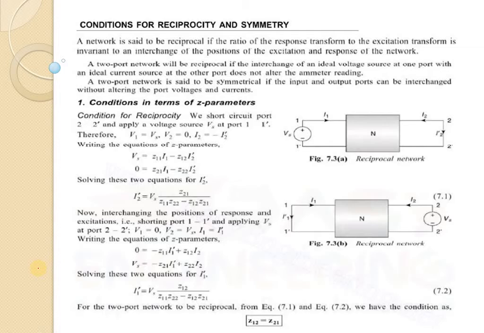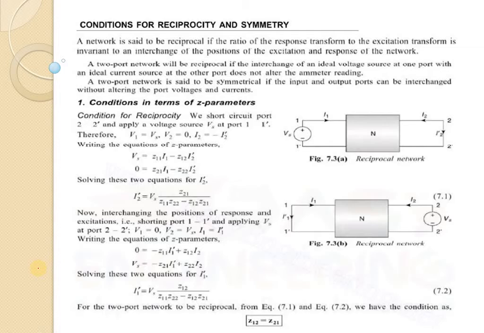A network is said to be reciprocal if the ratio of the response transform to the excitation transform is invariant to an interchange of the positions of the excitation and response of the network. So what is reciprocity?